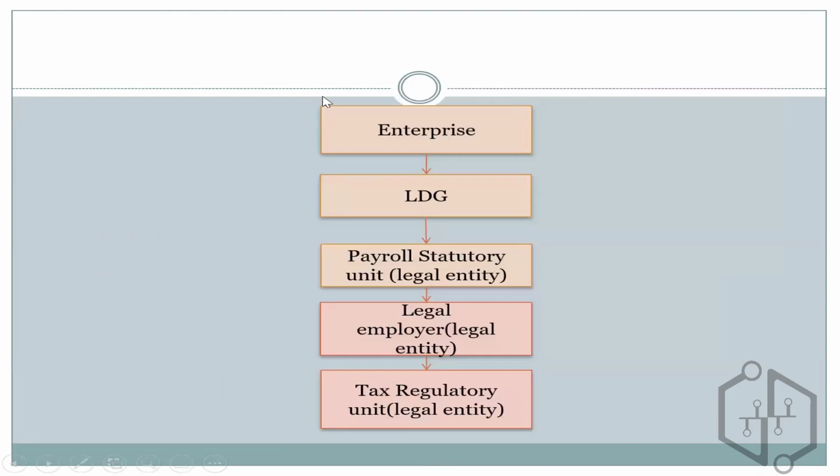Then we have the enterprise and the LDG. Enterprise is the highest level of structure. LDG is the legislative data group. What does legislative data group mean? It is country specific. That means every country has a legislative data group.